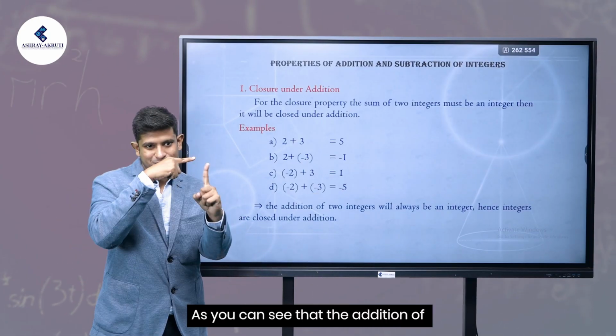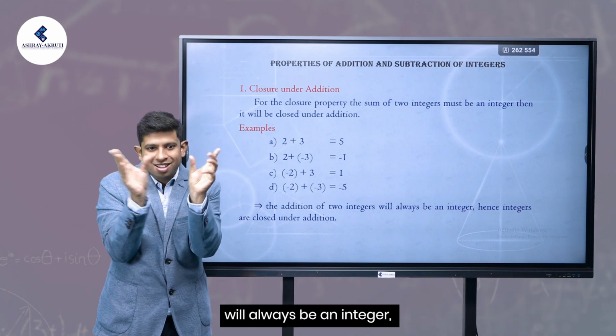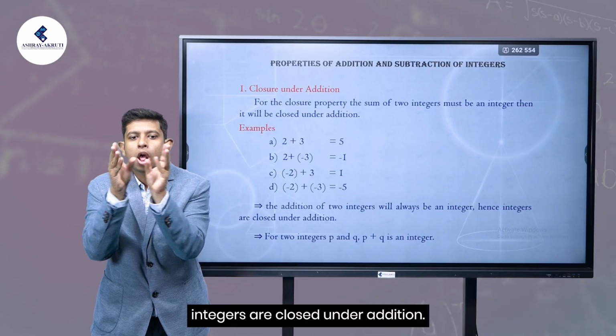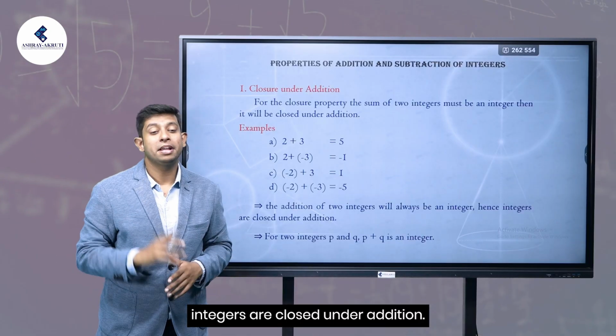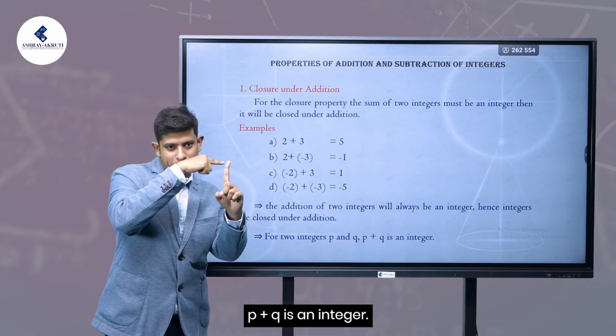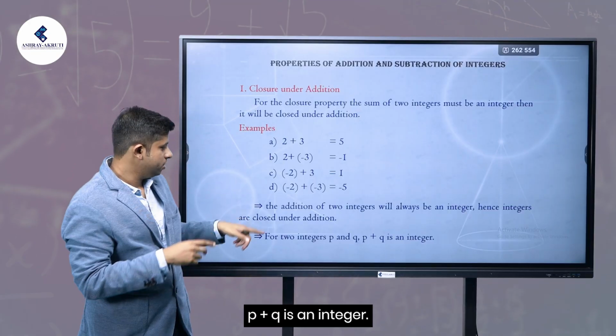As you can see, the addition of two integers will always be an integer. Hence, integers are closed under addition. If we have two integers p and q, p plus q is an integer.